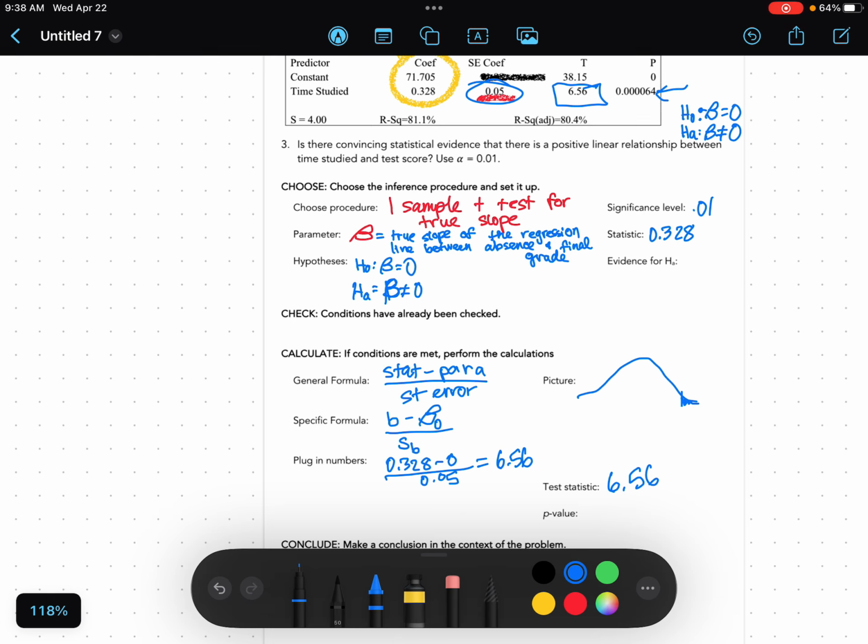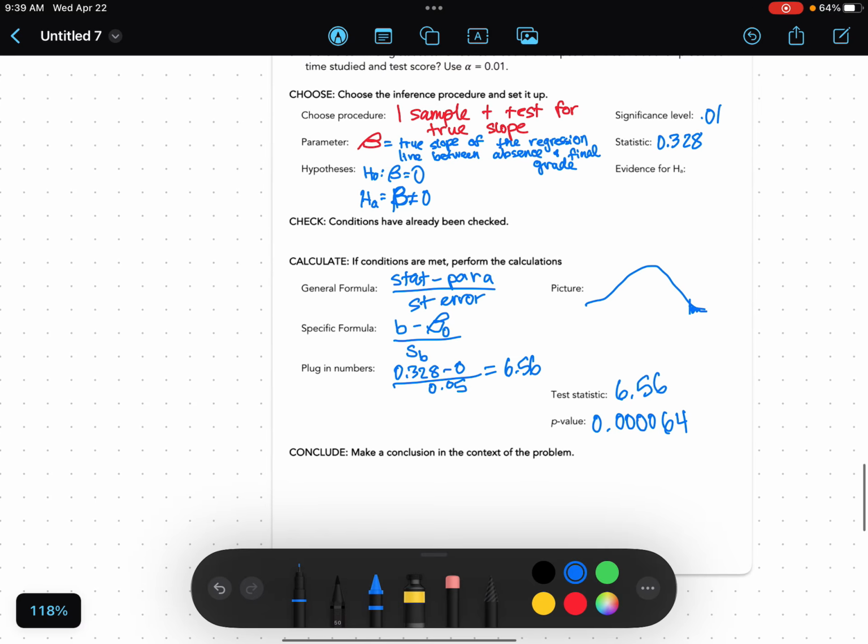Remember, our degrees of freedom are n minus 2, but our p-value is 0.000064.